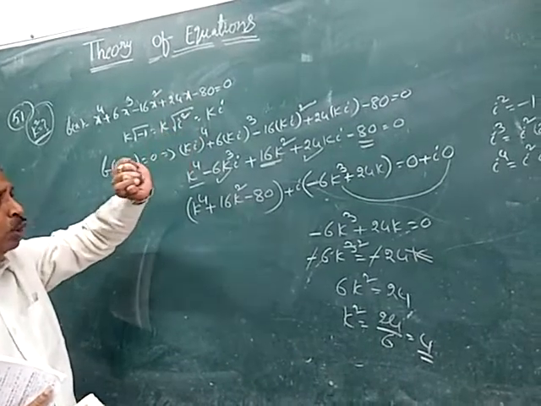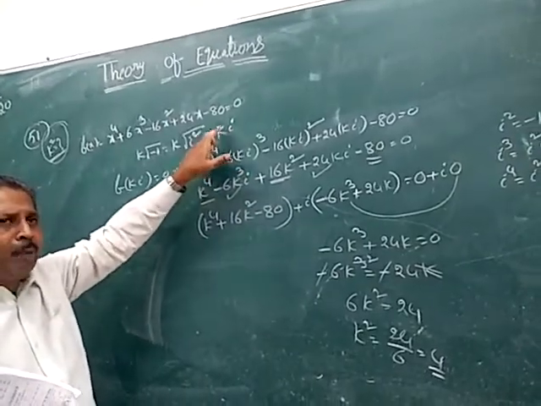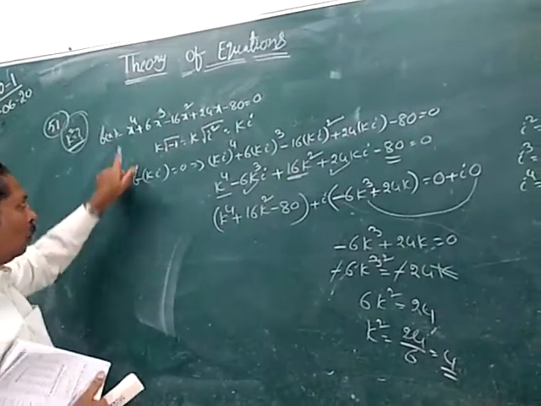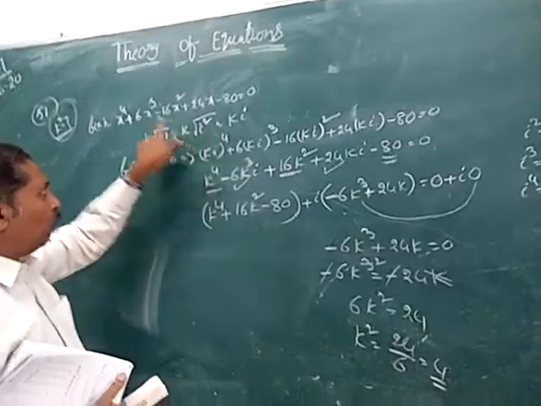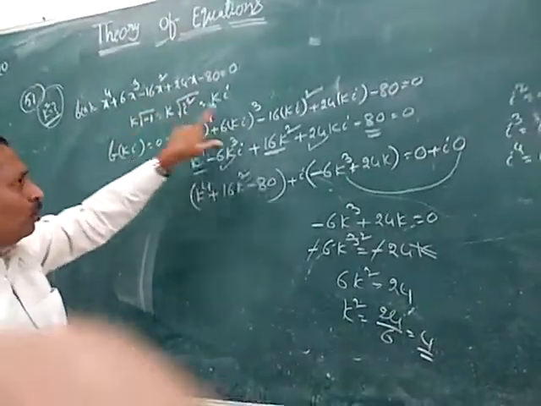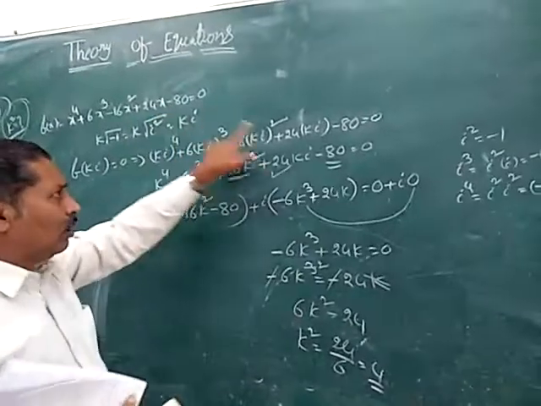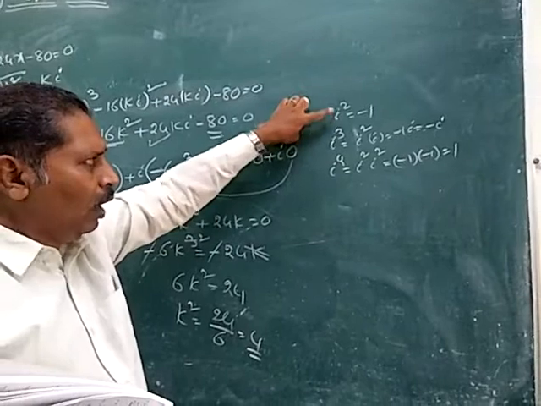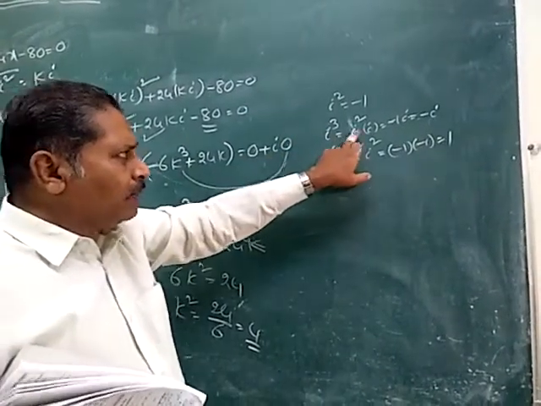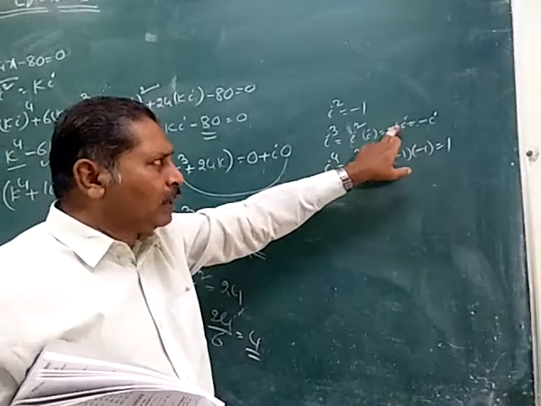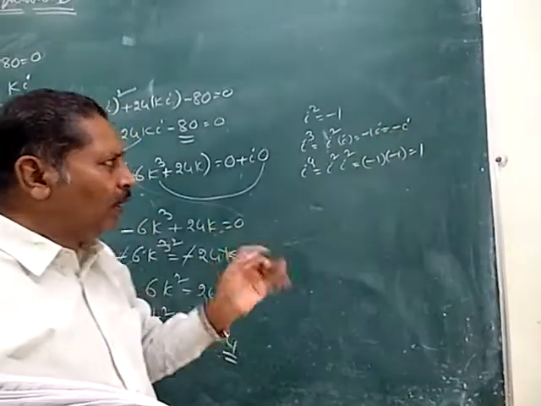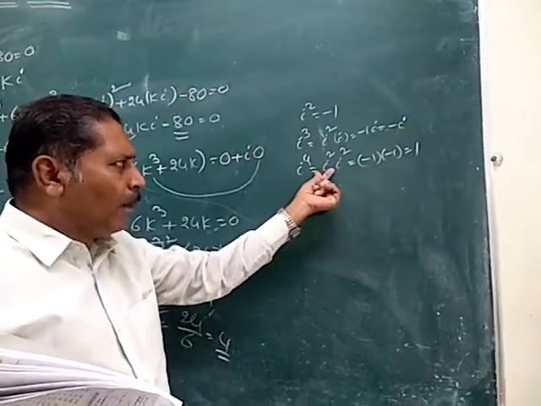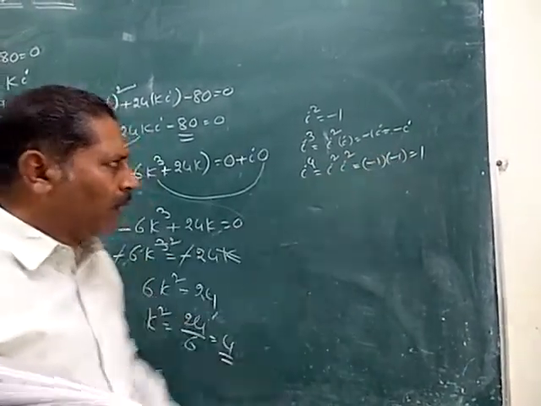Take any one of those two, plus ki or minus ki. f of ki equals 0: (ki) power 4, (ki) cube, (ki) square, ki. i square value minus 1, i cube value i square into i, minus i, i power 4 value i square into i square, minus 1 into minus 1, plus 1.